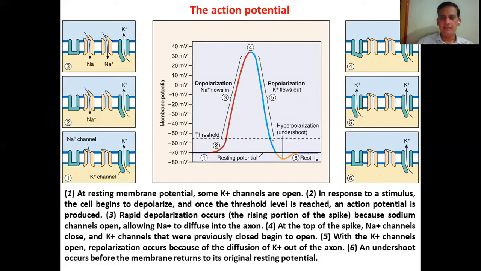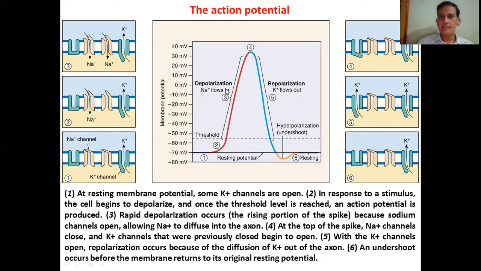upon reaching that threshold, the sodium channels open. These sodium gates open and there will be influx of sodium. This influx of sodium leads to depolarization of the membrane. After a certain time point, all the channels will open up and a lot of sodium will be taken up.